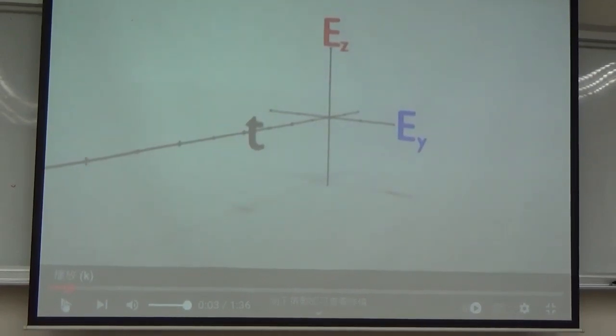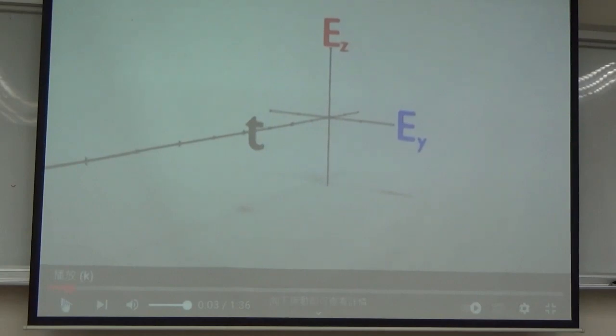Why do you have a cosine? Because for this part it is cosine omega t minus kx, this one, or this one, can change that to only the real part. Cosine omega t minus kx. So you see a cosine here, right?